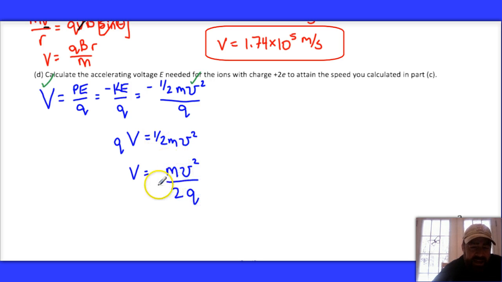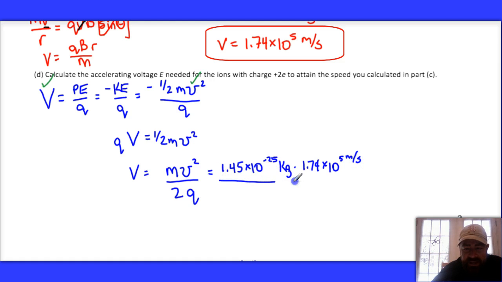I just plugged the 1/2 in this way and divided by q, and now I can substitute my numbers in for mass, 1.45 times 10 to the negative 25 kg. The speed we solved for previously, it's right above 1.74 times 10 to the 5th meters per second.